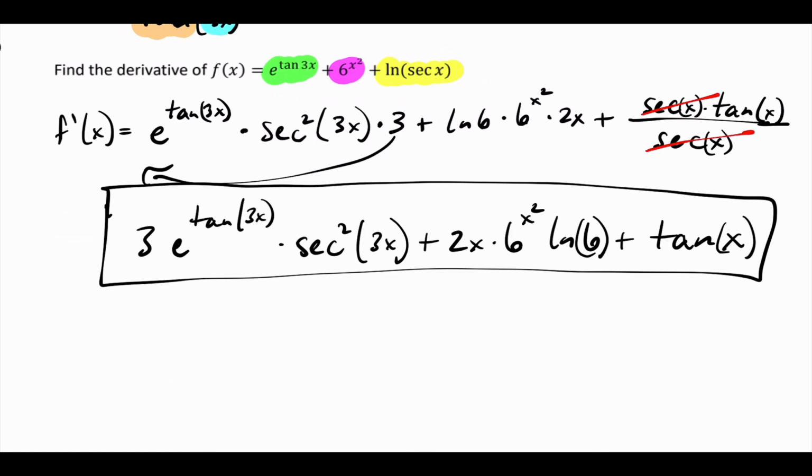There aren't a lot of common terms, because you have e to the powers, secants, tangents, 6 to the x squared. A lot of those aren't common terms, so we can't really do anything with them. So we're done.